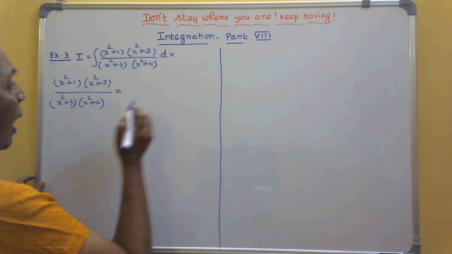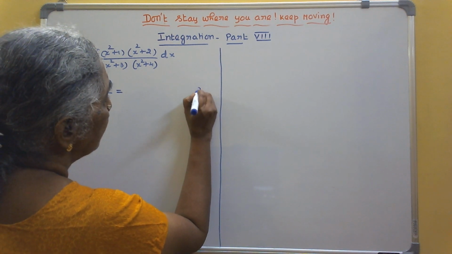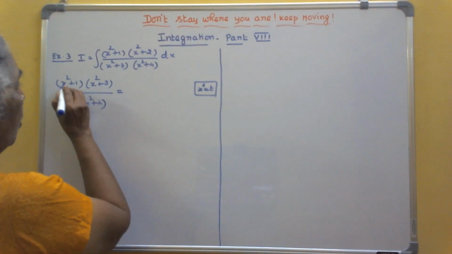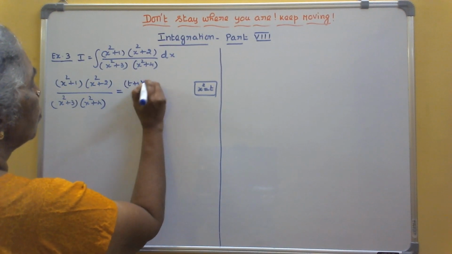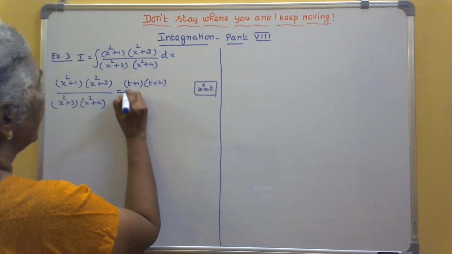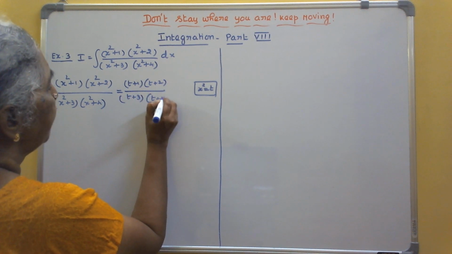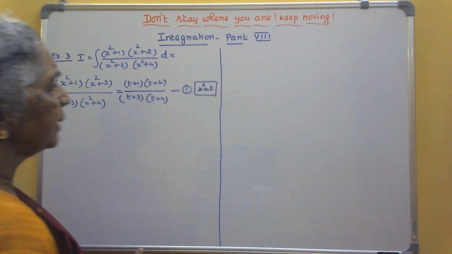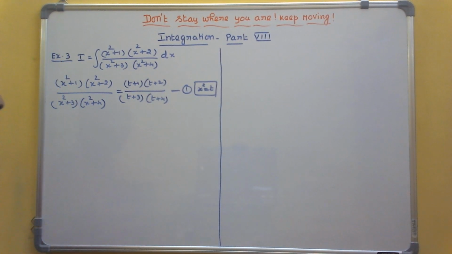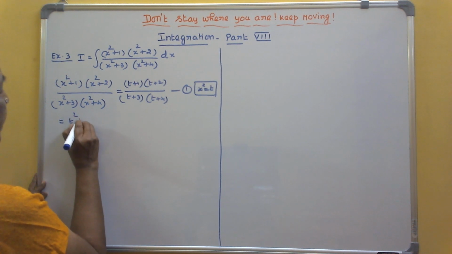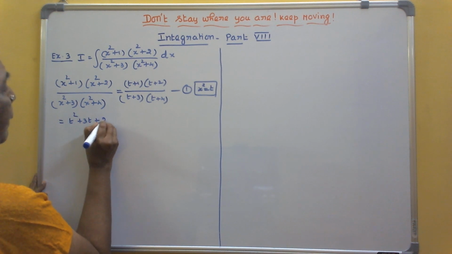So now I am going to substitute x squared is equal to t. So I will get t plus 1 into t plus 2 by t plus 3 into t plus 4. Let me call this step 1. Right? Now this t plus 1 into t plus 2 is nothing but t square plus 3t plus 2.